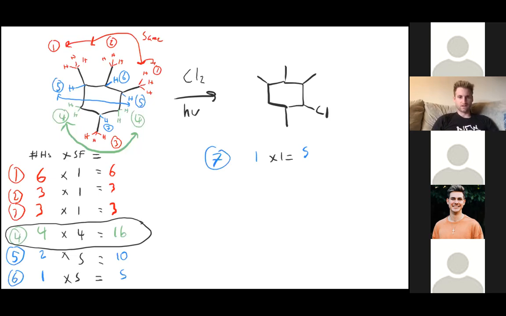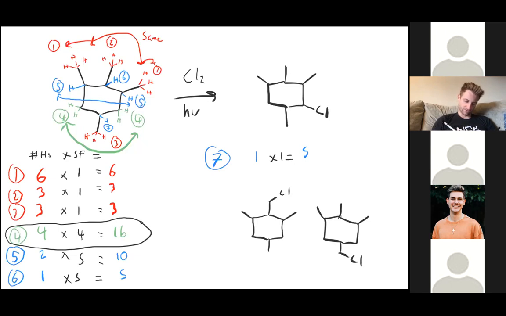Someone asked why 2 and 3 are not symmetrical. I think this chlorine is a carbon away from these 2, versus if it's down here, in order to get to our neighboring carbons, versus 1, 2, 3, this connectivity is different.